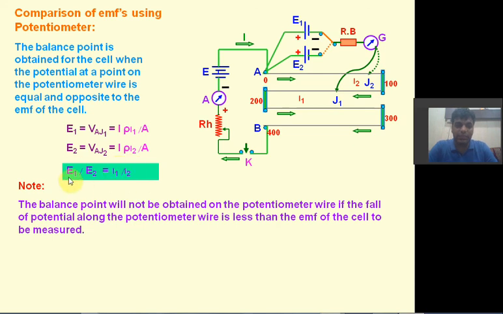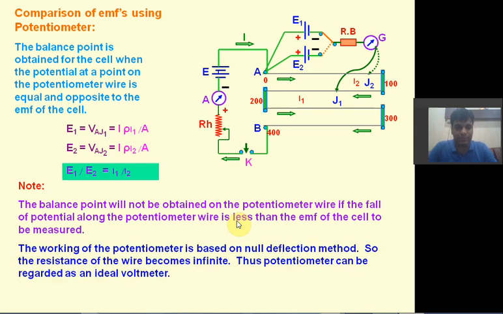We can compare the EMF by using the potentiometer, and EMF is again directly proportional to the length. The balance point will not be obtained on the potentiometer wire if the fall of potential along the potentiometer wire is less than the EMF of the cell which is going to be measured.